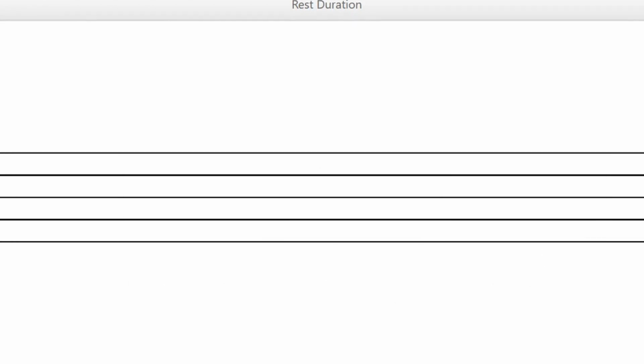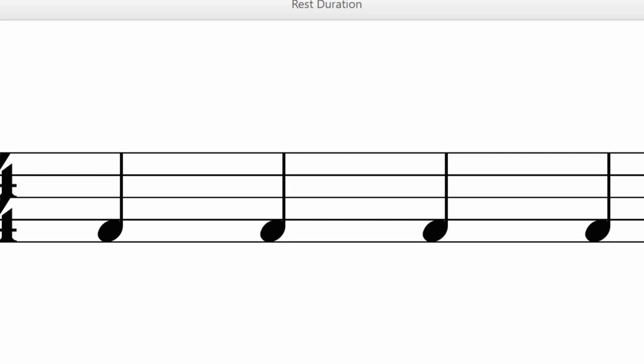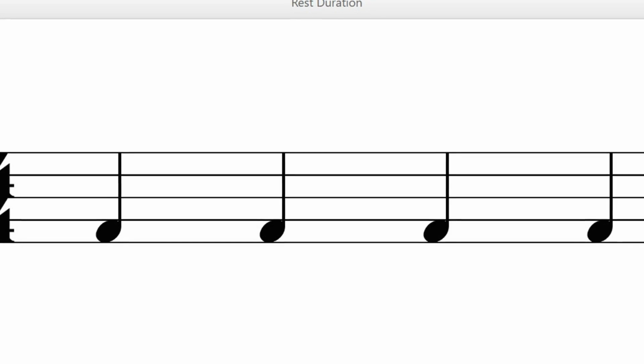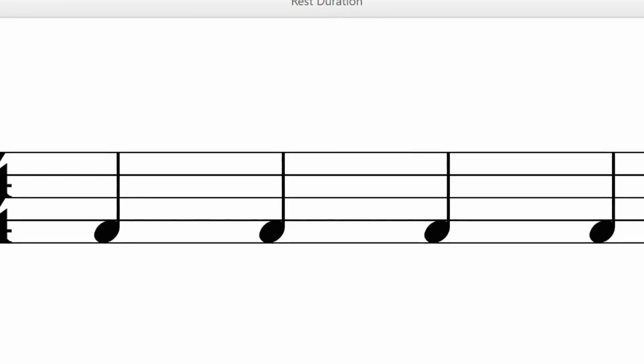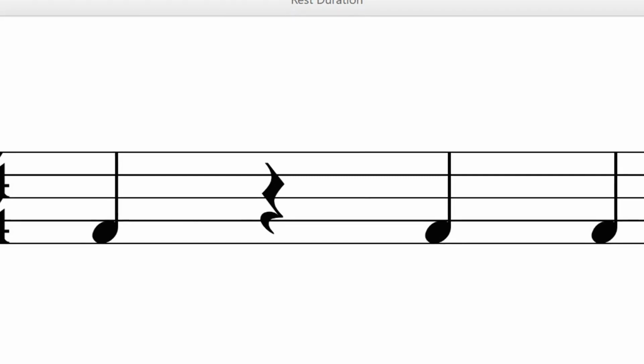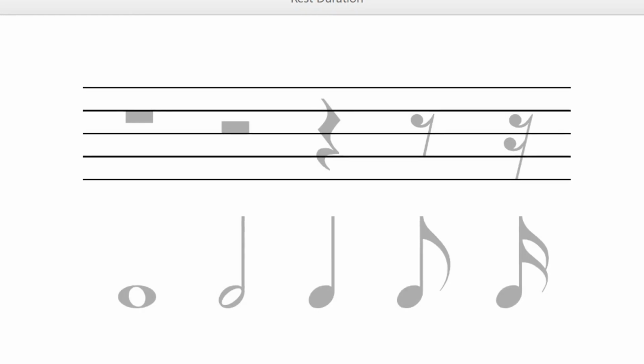Simple, right? To demonstrate this, here's 4/4 time, and you have four quarter notes. When played, all four notes are sounded. Next, we're going to replace the second quarter note with a rest. You see that? When played, the second beat is now silent. Now, we're going to discuss other types of rests.